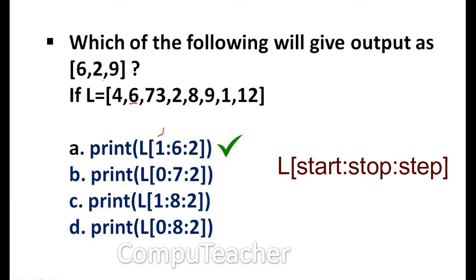Then the next value is 2. That is, the step value is 2. Then the next value is 9. The index of 9 is 0, 1, 2, 3, 4, 5. So as the stop value we have to give 6.